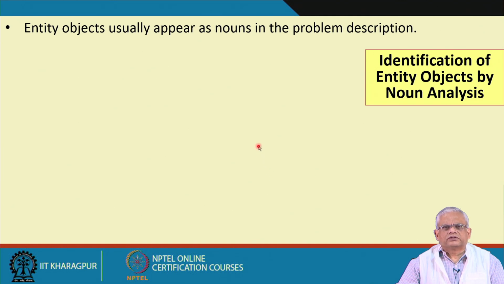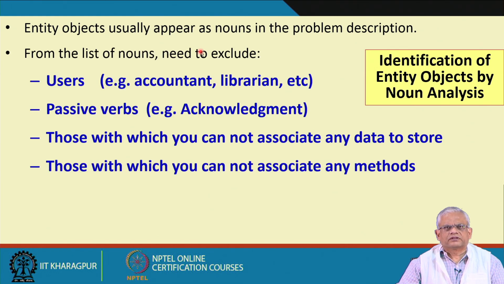We must understand that the entity objects typically appear as nouns in the problem description. Some of the nouns in the problem descriptions are the entity objects, but not all nouns are entity objects.